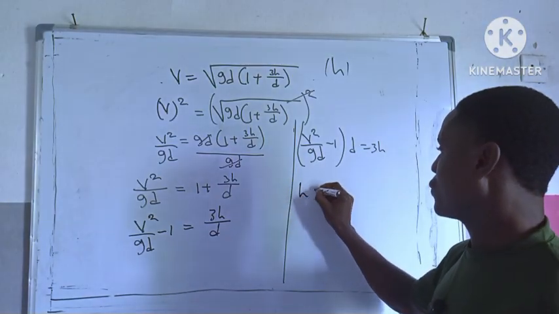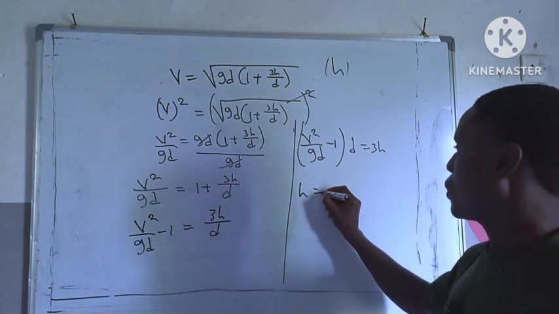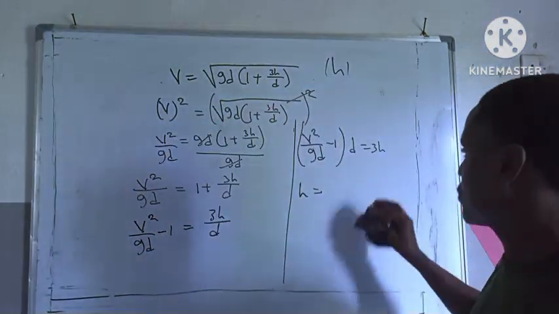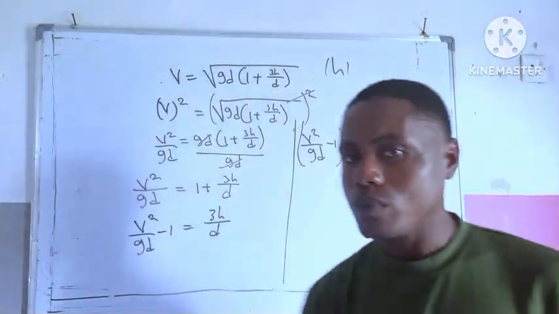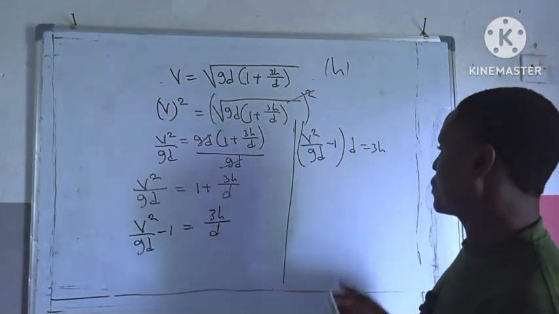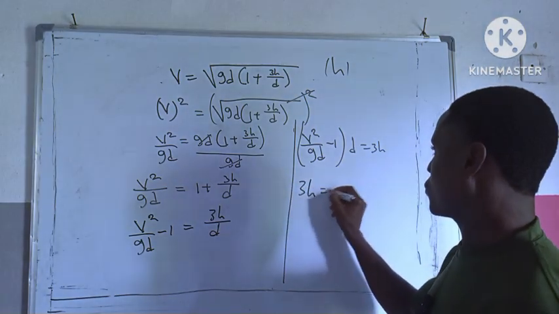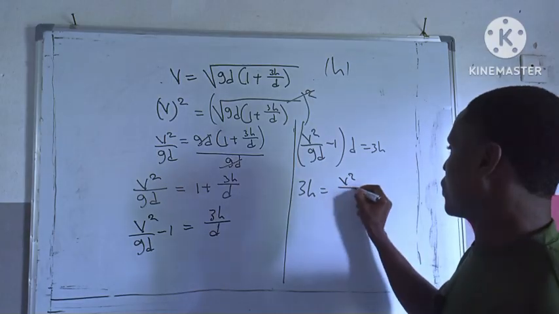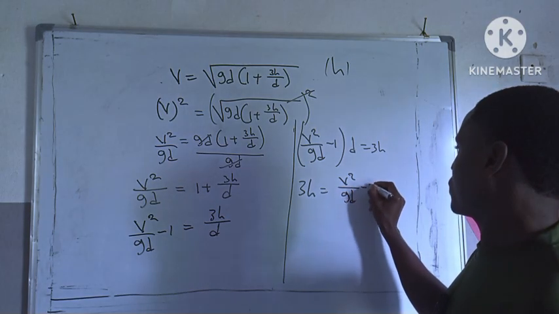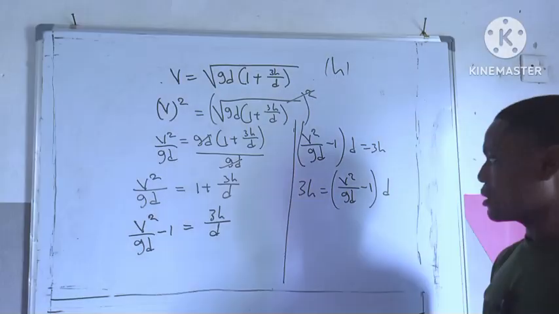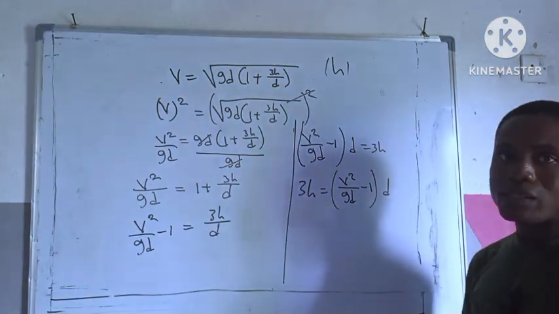So therefore, let's first change everything: 3h equal to (v squared all over gd minus 1) times d. I'm still writing the same thing, so don't be confused. We balance everything.